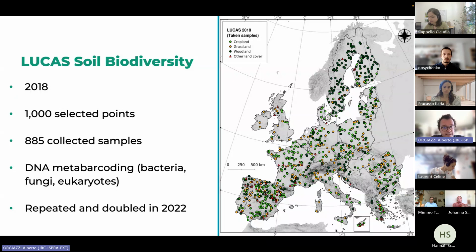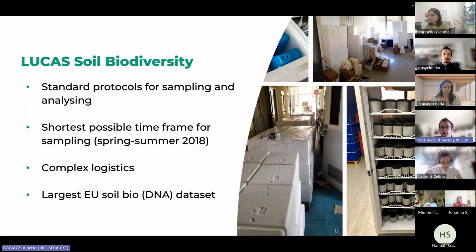But at the end, as you can see, our freezers are packed with frozen soil samples. We were able to send kits for collecting fresh soil samples with boxes and ice packs, and that has allowed us to generate the largest soil DNA dataset so far across Europe.